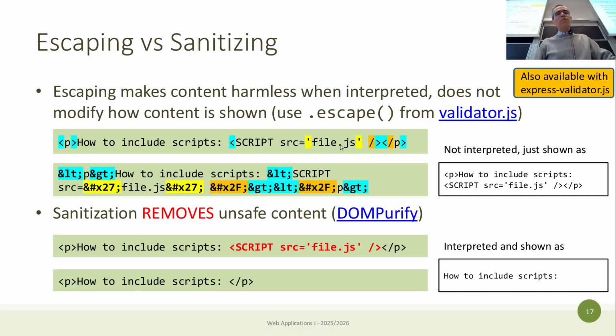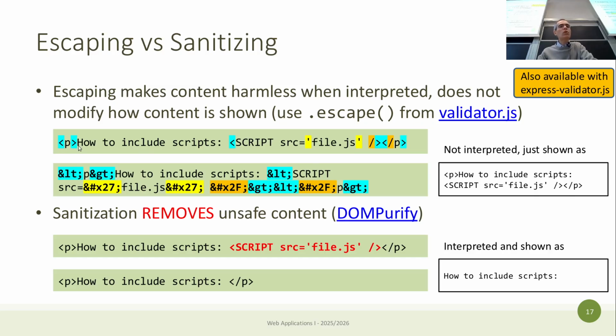Okay, good. So what's the difference between escaping and sanitizing? I hope it's clear by now, but having a slide that summarizes the differences is important, okay? So escaping makes the content harmless, but it leaves the content as it is. The content is not interpreted, it is just shown, whatever it is.